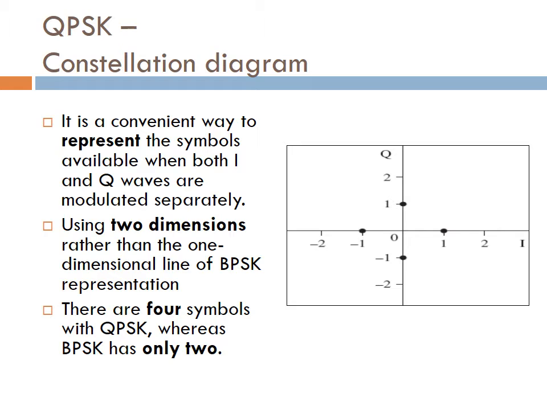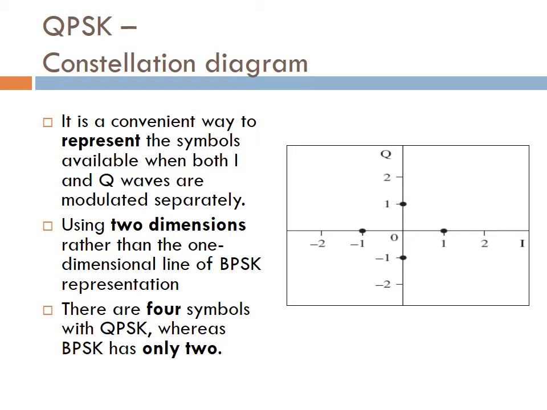So it's a convenient way to represent the symbols available when both I and Q waves are modulated separately, using 2 dimensions rather than the 1-dimension line of BPSK representation. There are 4 symbols with QPSK, whereas BPSK has only 2. We have one axis where the 2 symbols are represented in BPSK because we have half a cycle difference in phase.